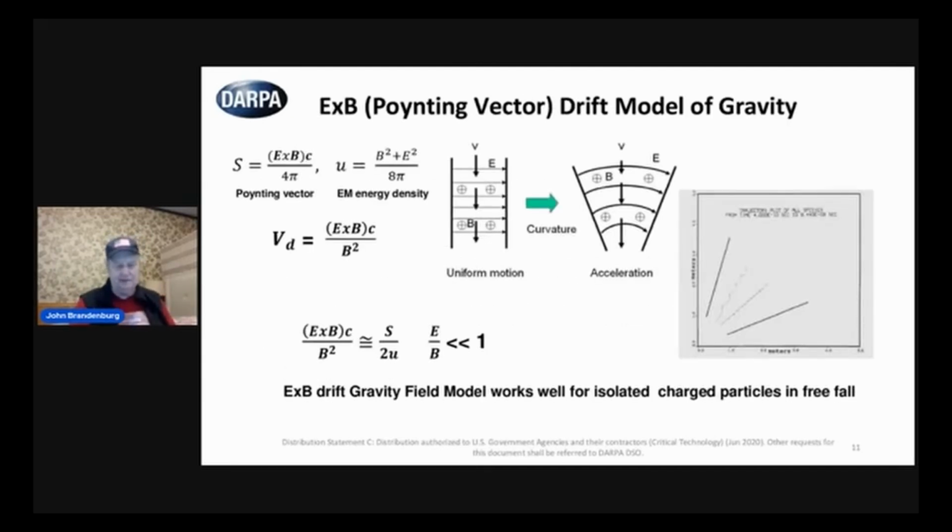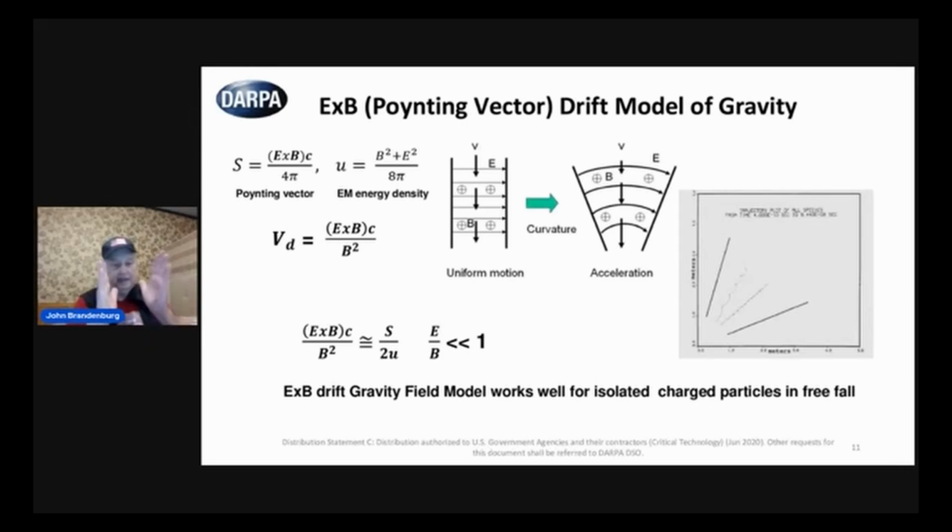Now, I'm a plasma physicist, and I became aware of this effect in plasma physics called the E cross B drift. It can also be written in terms of the Poynting vector, which is the radiation pressure vector of E&M. If you have two plates and a magnetic field coming out of the page, and you put in an electron or a proton or a charged zinc atom, they'll all end up moving at the same rate in the same direction.